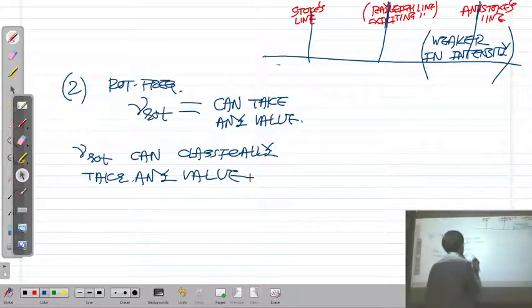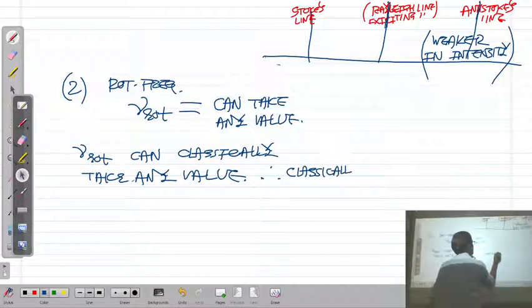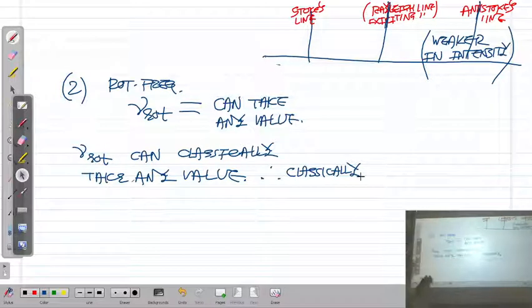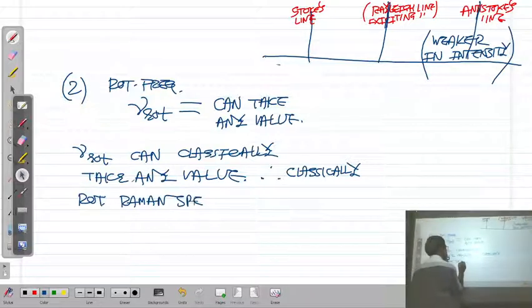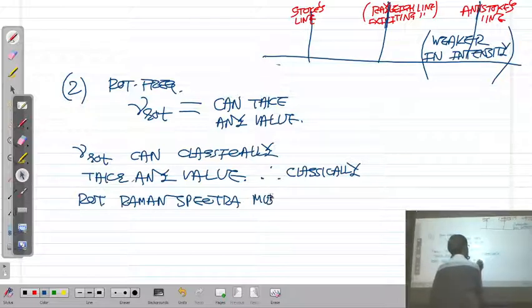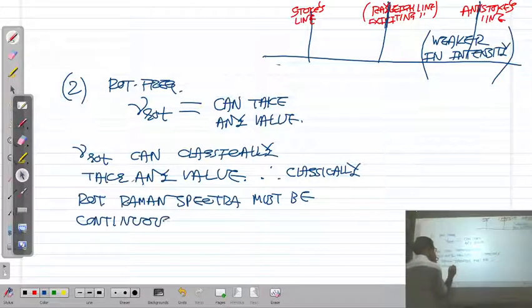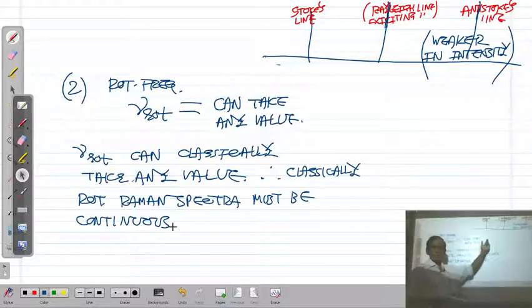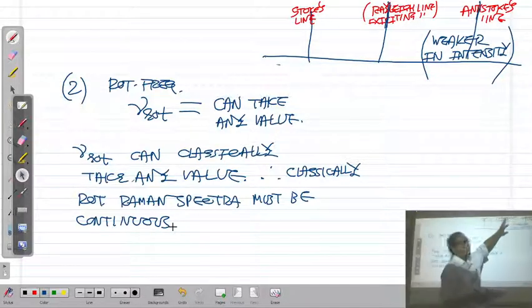Therefore, classically, rotational Raman spectra must be continuous. According to classical theory, the rotational frequency of the molecule can take any value. Therefore, the rotational Raman spectra must be continuous on either side of the Rayleigh line.